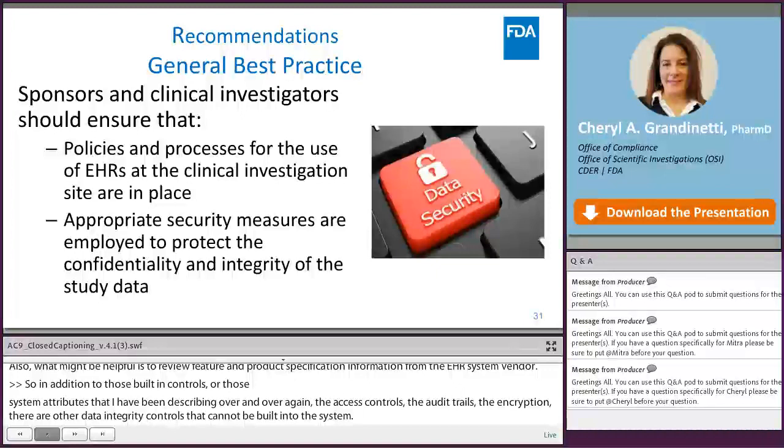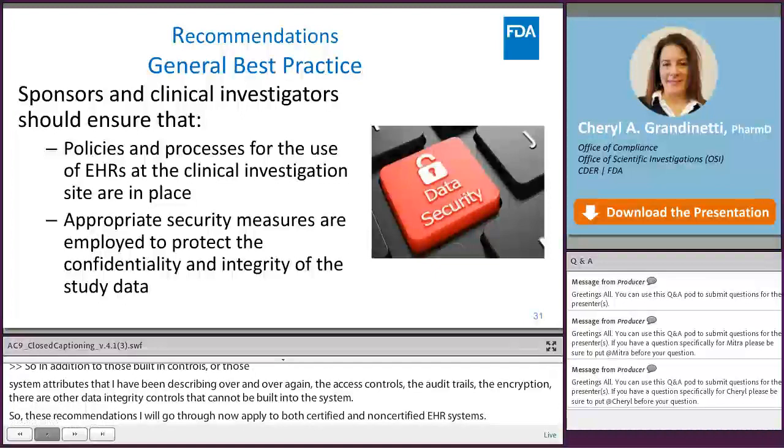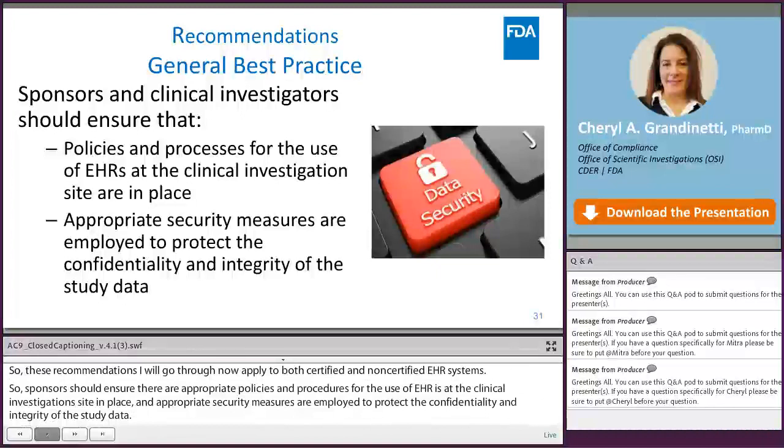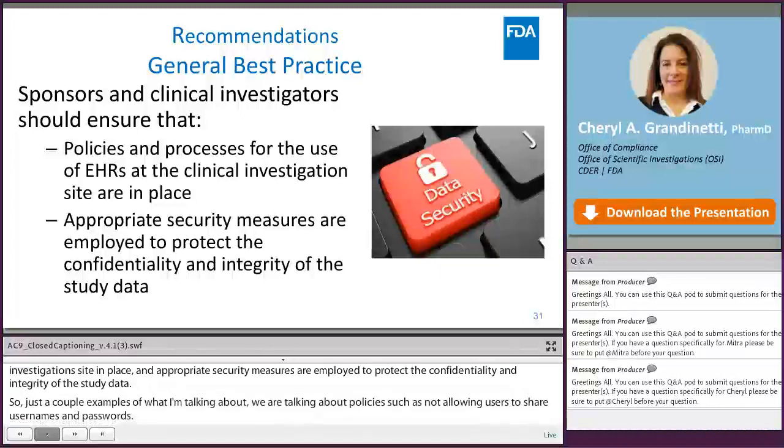Sponsors should ensure that there are appropriate policies and procedures for the use of EHRs at the clinical investigation site in place, and that appropriate security measures are employed to protect the confidentiality and integrity of the study data. Just a couple of examples of what I'm talking about: policies such as not allowing users to share usernames and passwords, to log out of the system when they walk away, policies regarding training of individuals who use the system, things like that.